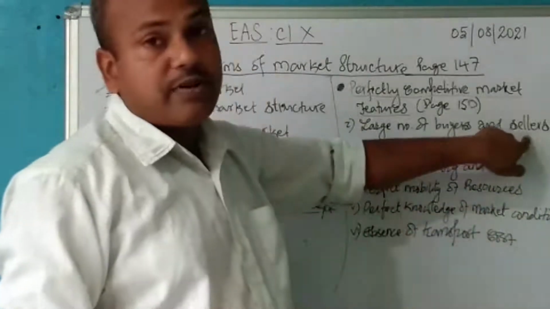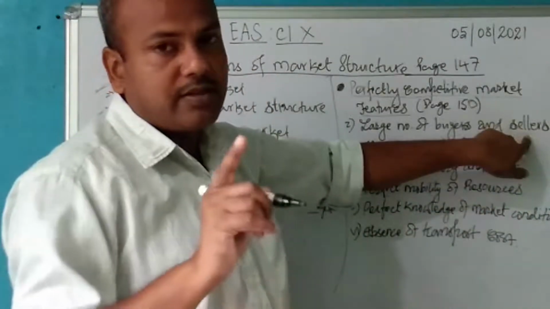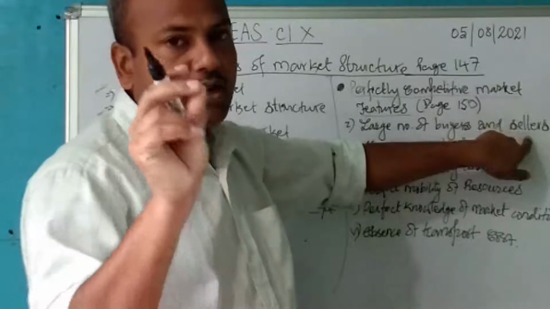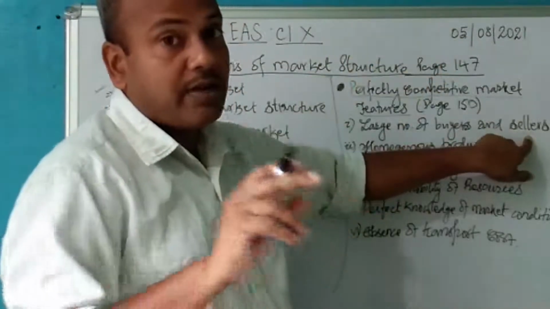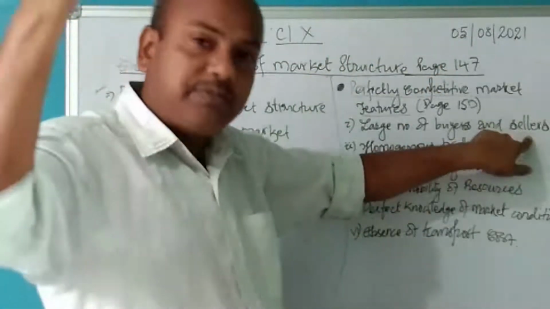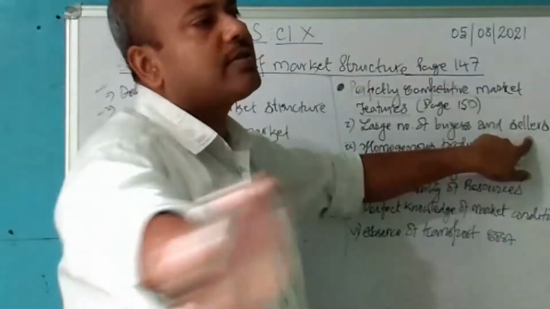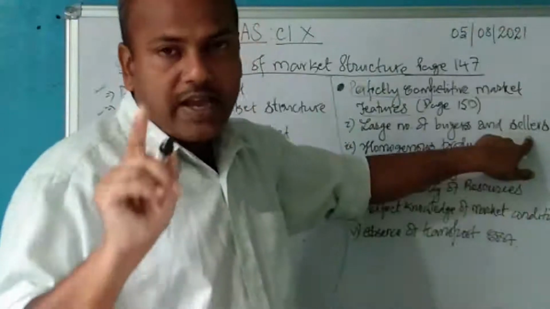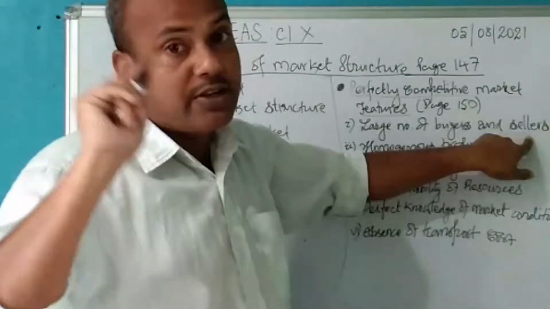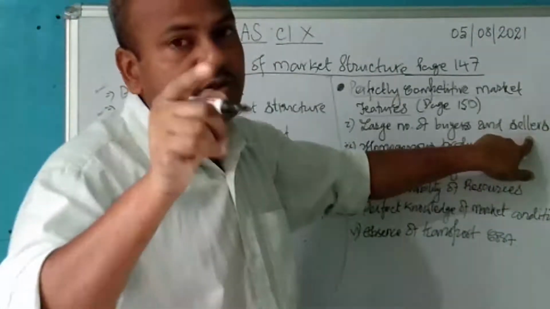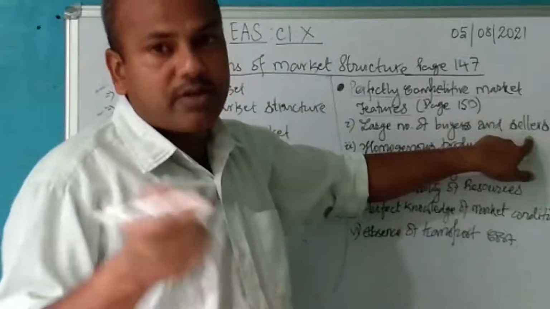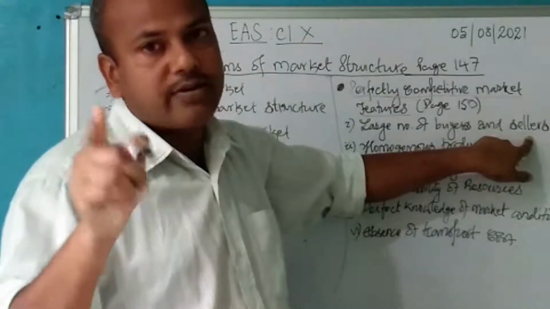If there are a large number of sellers, just imagine. Sugar is being sold in so many shops. Now, if all the shopkeepers are selling for 45 rupees, and one shopkeeper sells for 50 rupees, then which shop will you go to buy this product? Of course, to the shop selling it at 45 rupees.